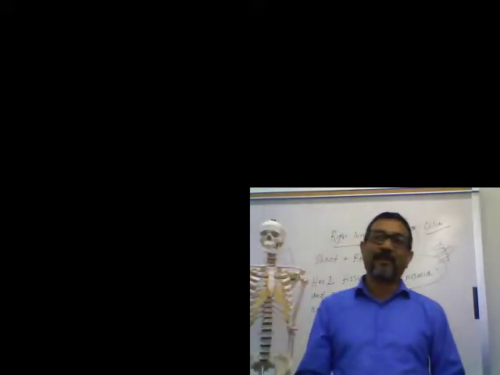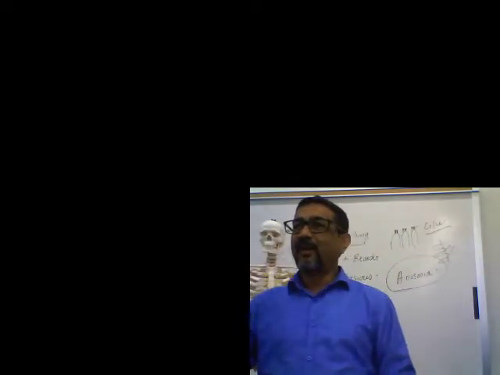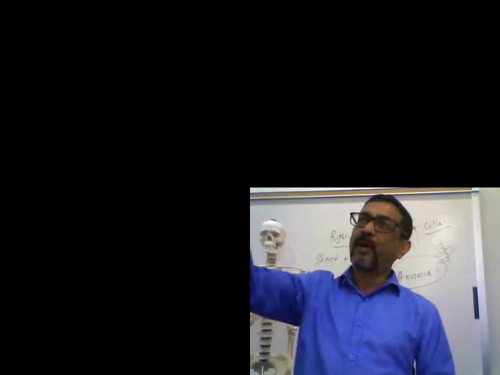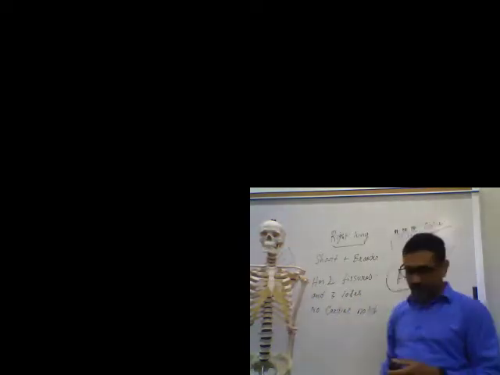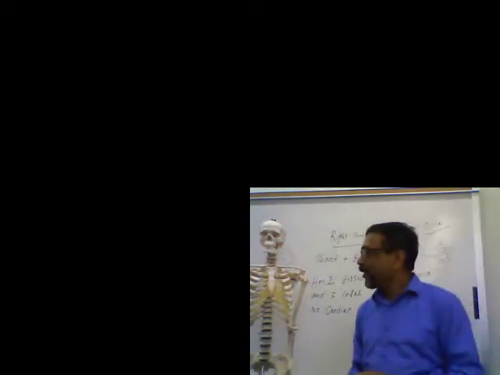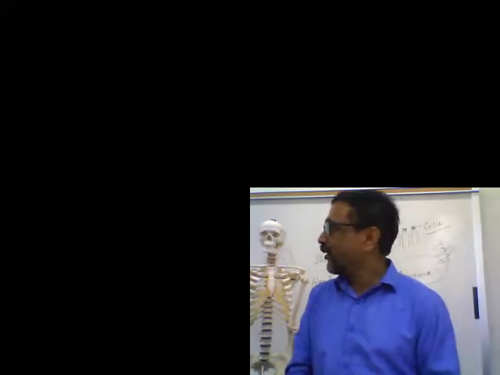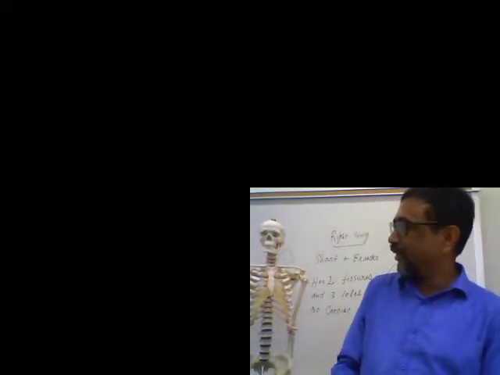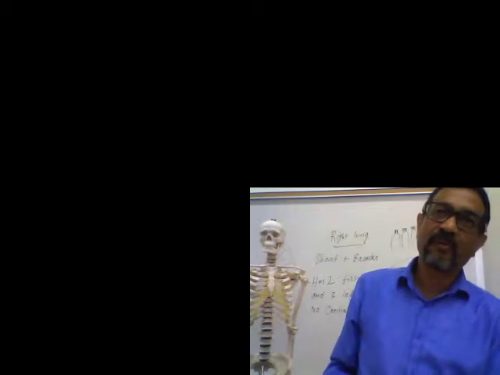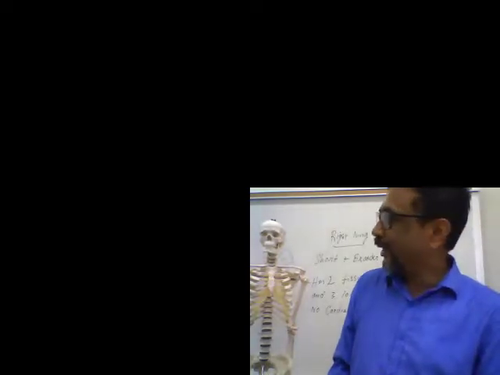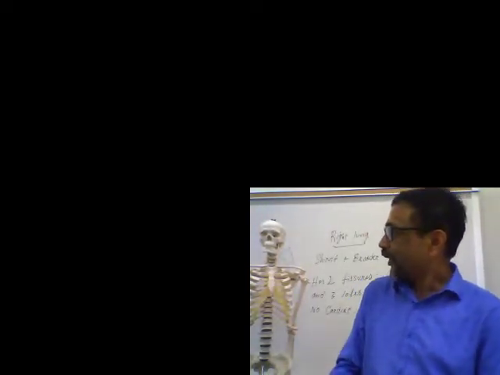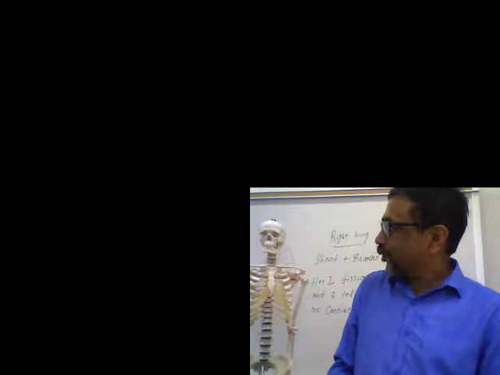Now, we have divided the pharynx into three parts, but there is no anatomical demarcation of where naso ends and oro begins. The best way to say is the uvula. Above the uvula is nasopharynx, below the uvula is oropharynx. That is the separation between naso and oro. That's one way we can tell.